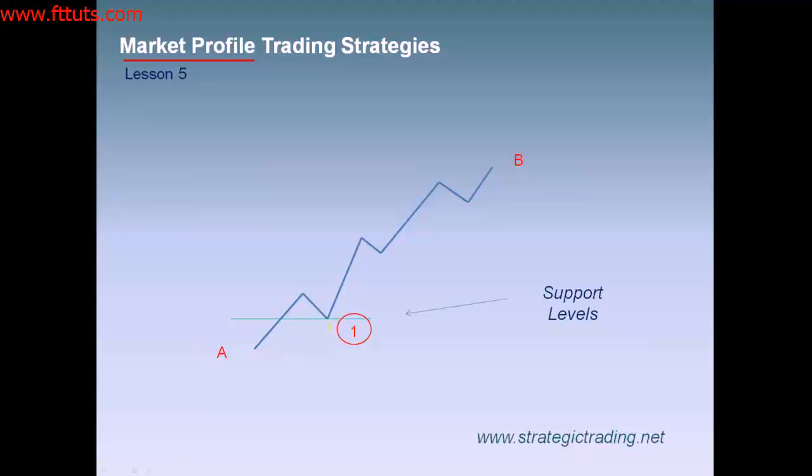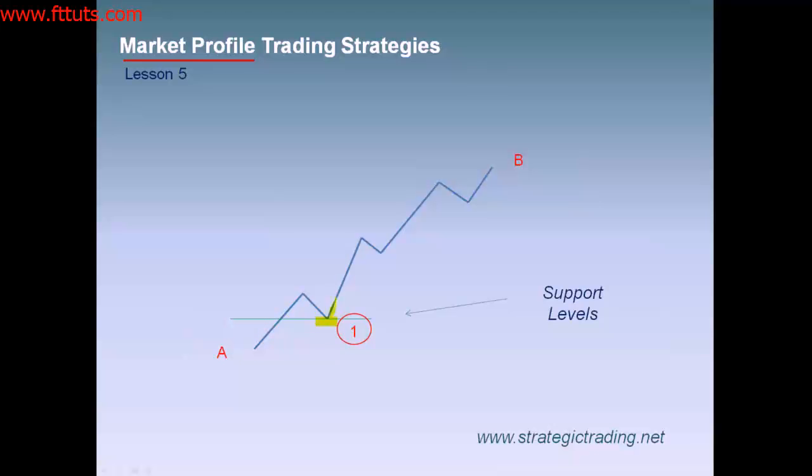We take a look at where the pivots are, and the deflection or inflection points define our pivots for us. So this would be the first support level on this price movement that I have drawn for you. They're very easy to identify, and there will be a price associated with this level.